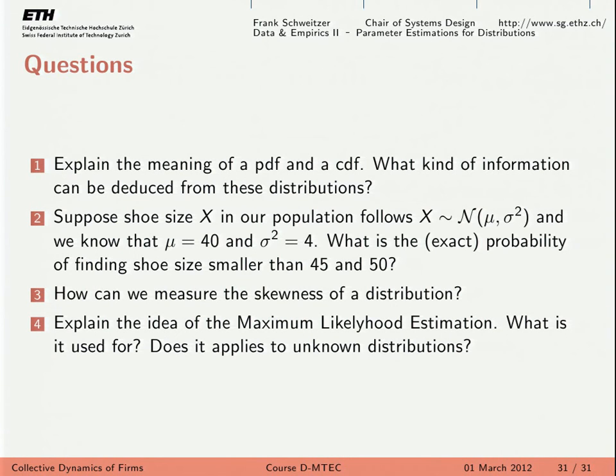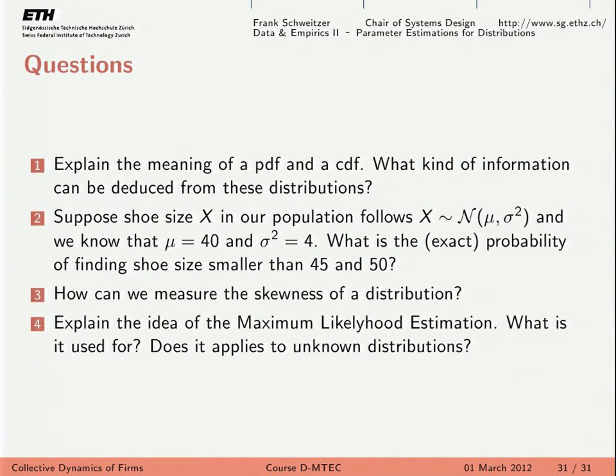So you should also recall the equation for calculating the skewness. It's very easy. It's mu to the power of 3 divided by sigma to the power of 3. I mean, you probably will get this. That's something you should remember.